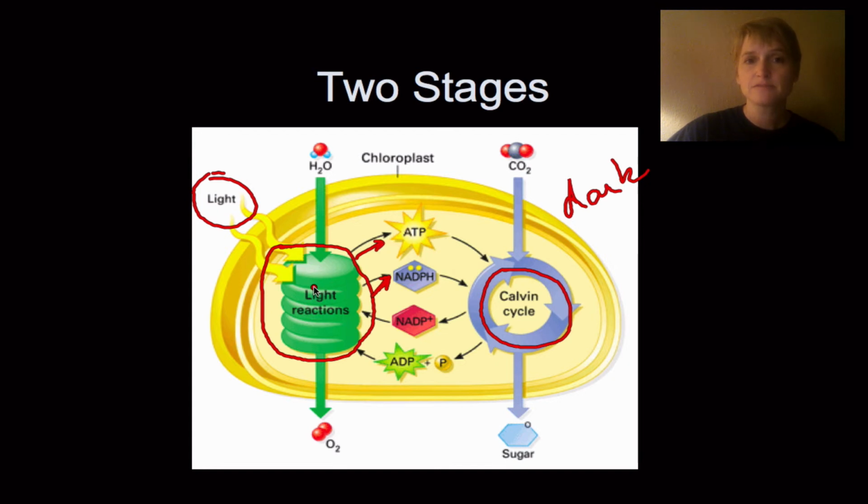The ATP and the NADPH from the first part of the reaction go into the Calvin cycle. And what comes out is NADP+, and we have ADP plus a phosphate molecule, and we have that sugar molecule, which was the goal of the reaction.